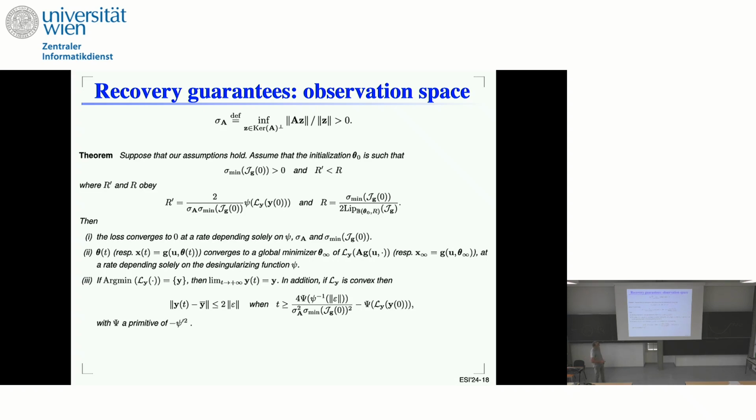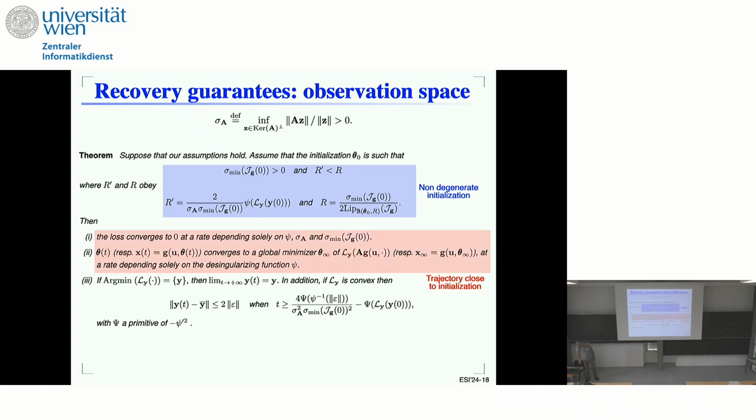What this theorem tells you is that if you initialize around a non-degenerate point, which means the network has to be such that the Jacobian is injective, and if these quantities R prime and R are sufficiently small, then the loss converges at a rate that depends only on psi, sigma A and sigma min of the Jacobian of the network.